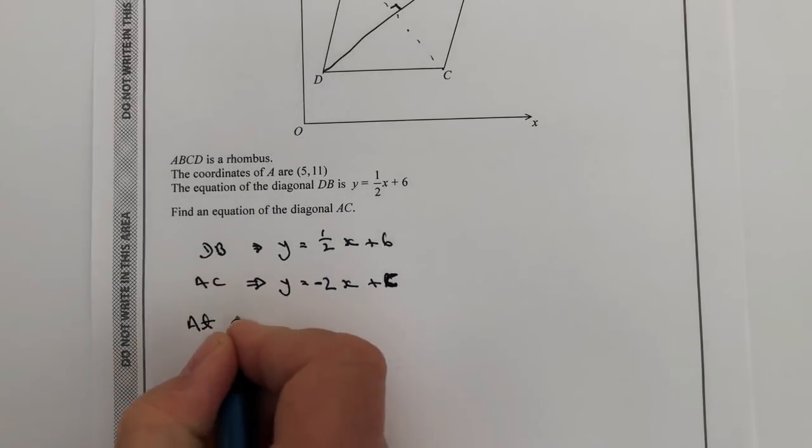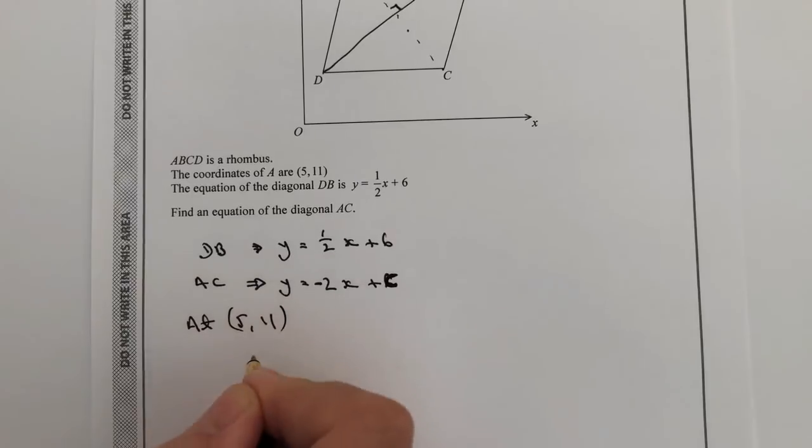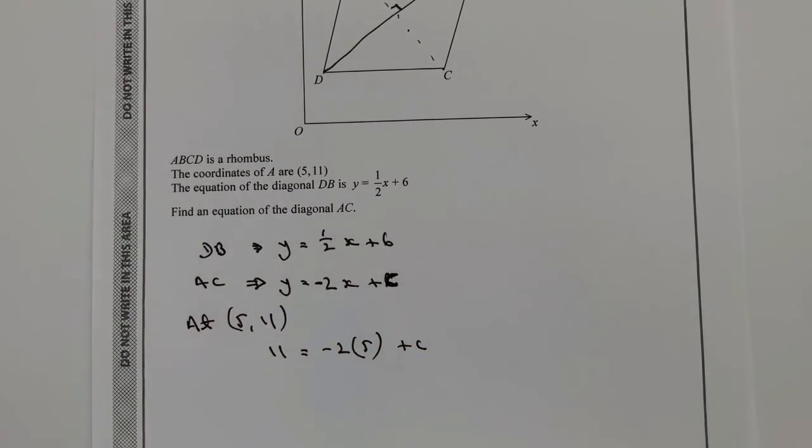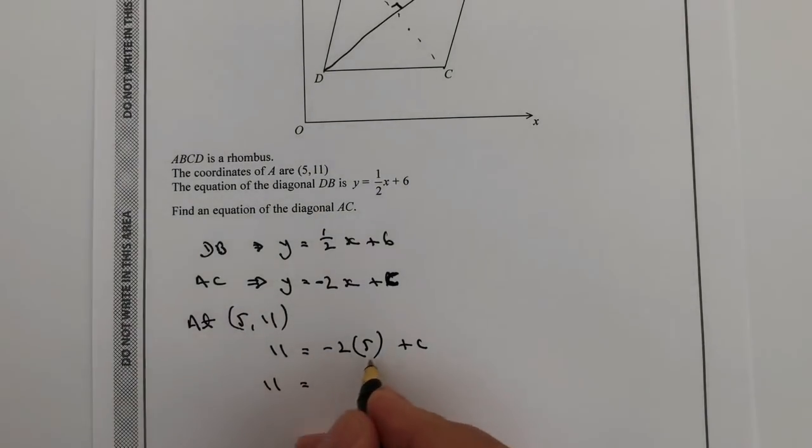So what I would do is say at the point 5, 11, then we have 11, which is the value of y, equals -2 times 5 plus C. And if you work that through, you end up with 11 equals -10 plus C. So C must equal, bring this over, the value of 21.